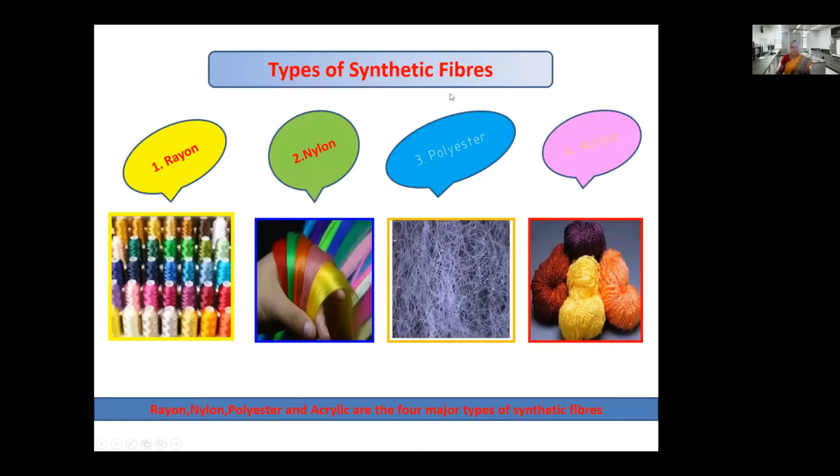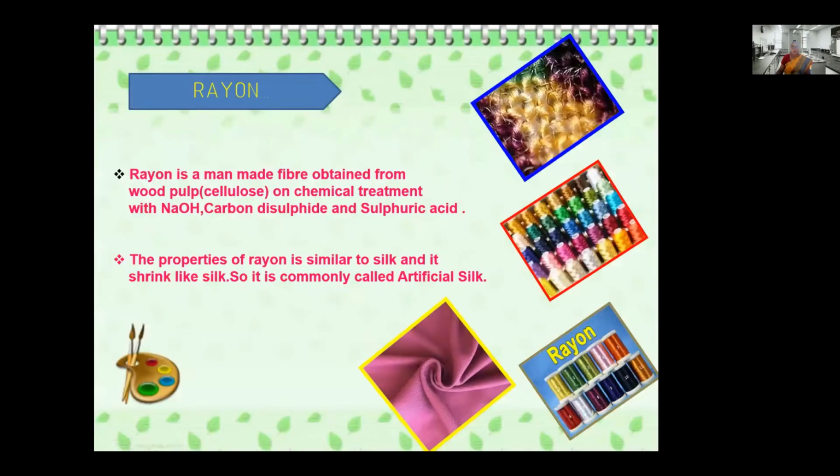Types of synthetic fibers: rayon, nylon, polyester, and acrylic are the 4 major types. What is rayon? Rayon is a man-made fiber obtained from wood pulp, which is made up of cellulose.